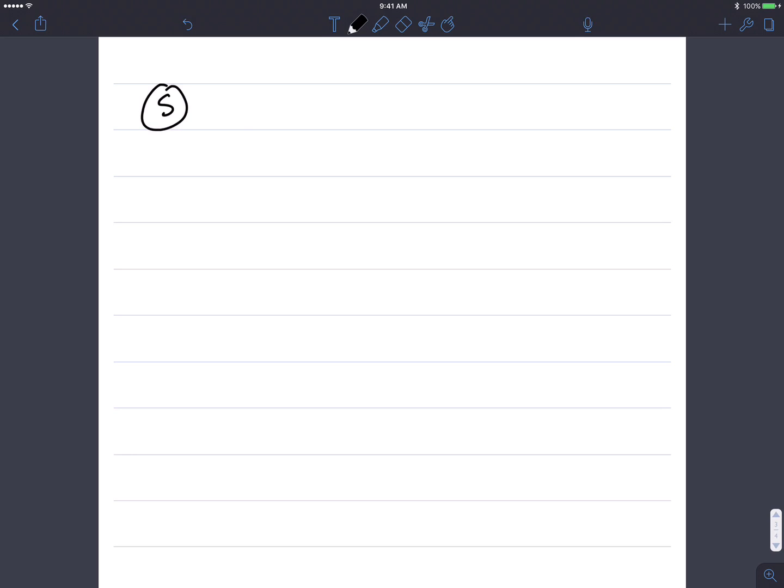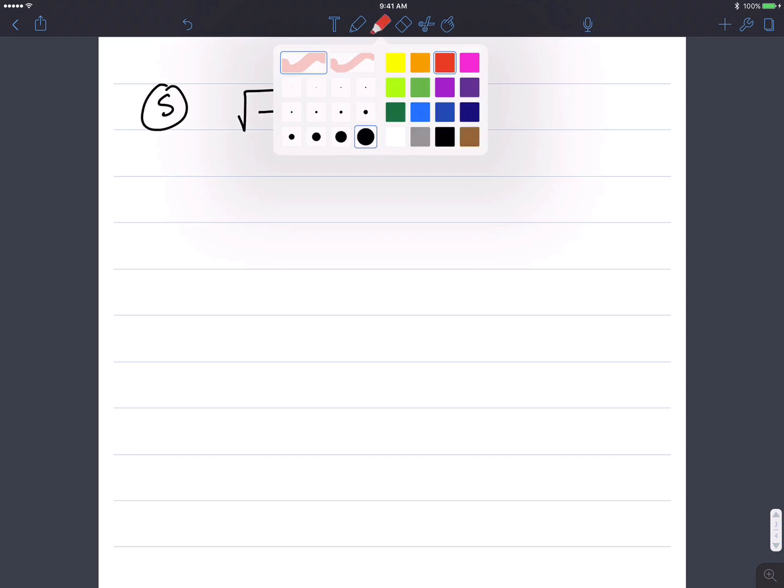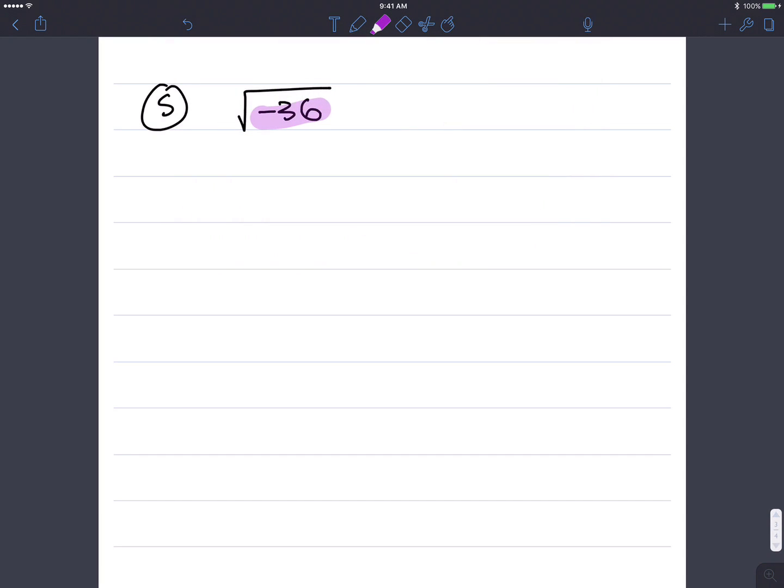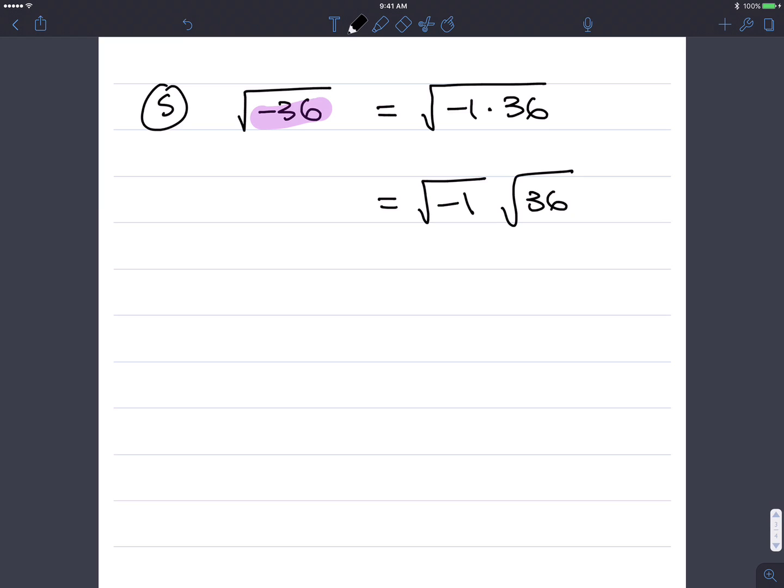Number 5. The square root of -36. We notice we have a negative number under our radical. So we're going to write this as -1 times 36. By the product rule, we get the square root of -1 times the square root of 36.